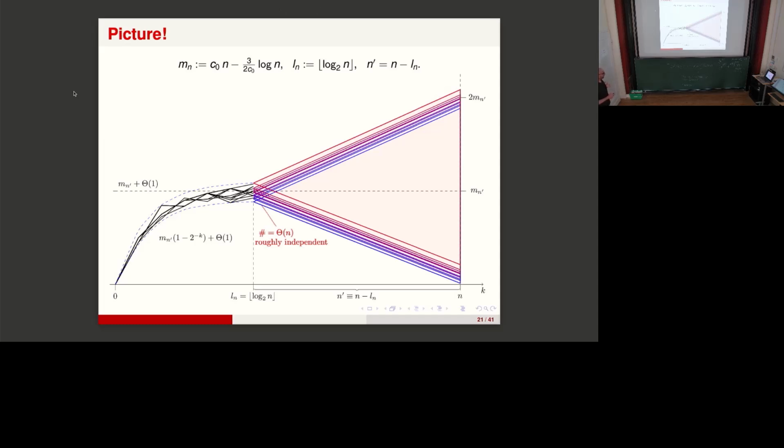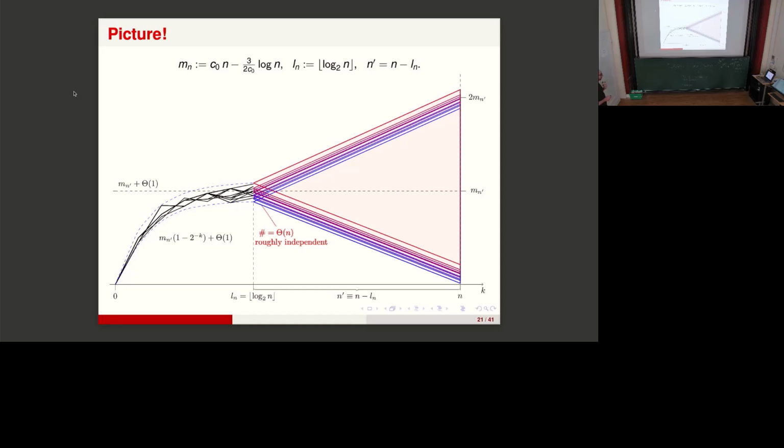All of them should follow this path in a concentrated way, and then they're almost independent. Maybe the sibling of some particle is dependent, but if you go 3 particles above, they're almost independent of each other.